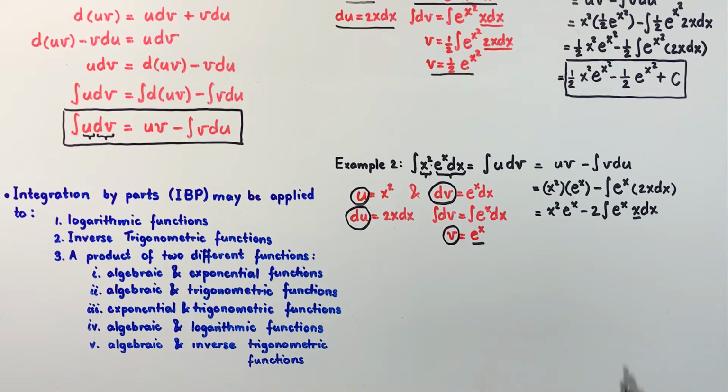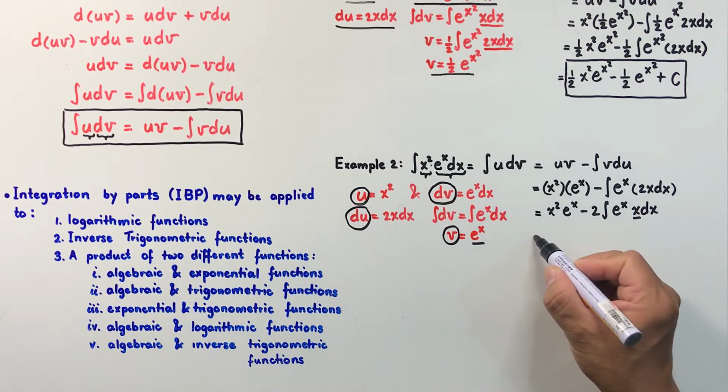So therefore, we cannot easily integrate this one using integration by substitution. So what we will do is to apply again another integration by parts. Actually, we can repeatedly apply integration by parts in solving for the integral of the given function.